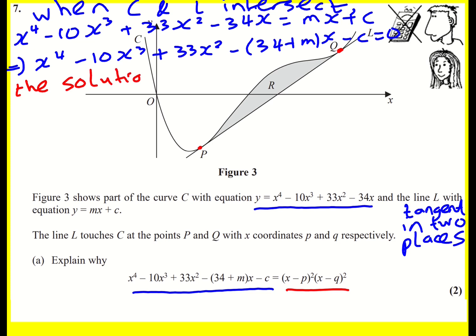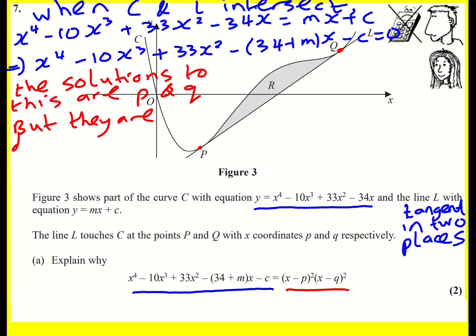The solutions to this are P and Q. But they are double roots since L is a tangent at both points.